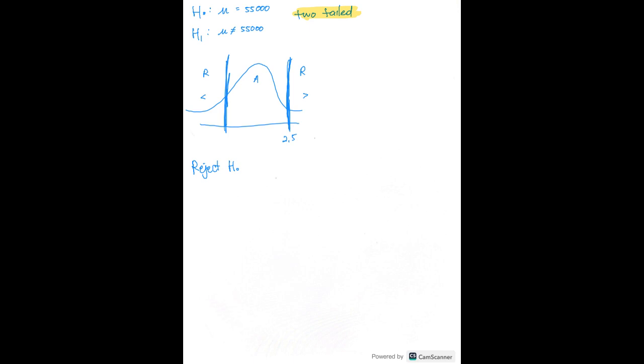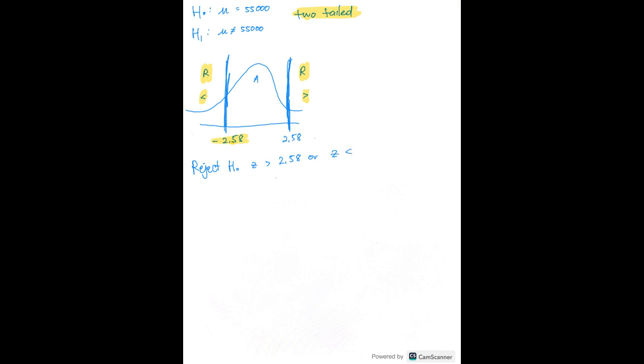So to write out the region of rejection, you're going to say that you reject the null hypothesis here, where your Z value is greater than 2.58, or on this side, if Z is less than a negative 2.58. So now you're done with step 2.